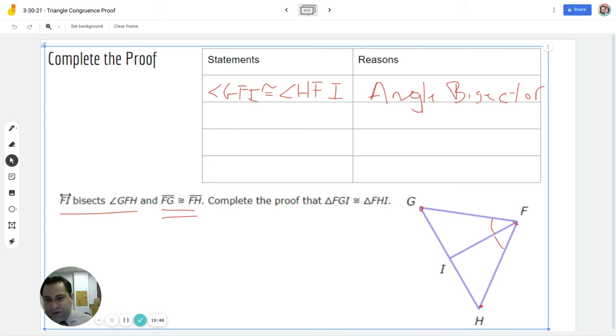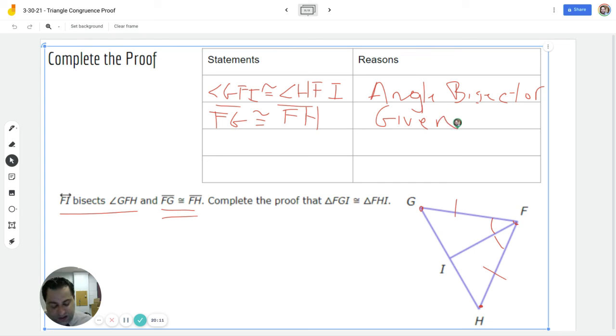All right, then we'll see what else we got here. FG is congruent to FH. So we have FG congruent to FH. All right. So let's get that down, and that's given.